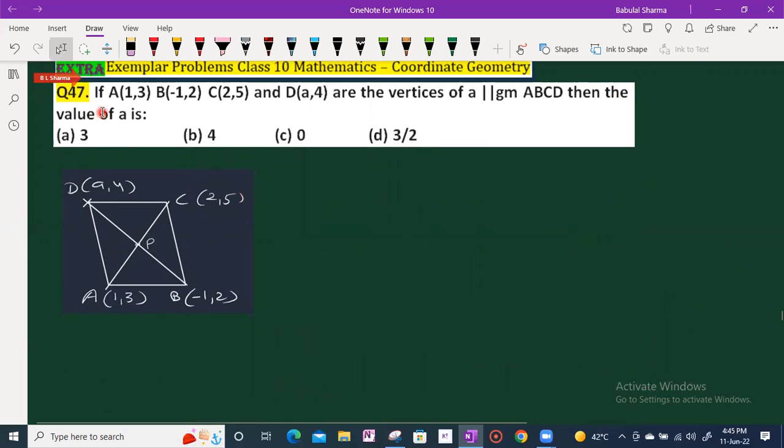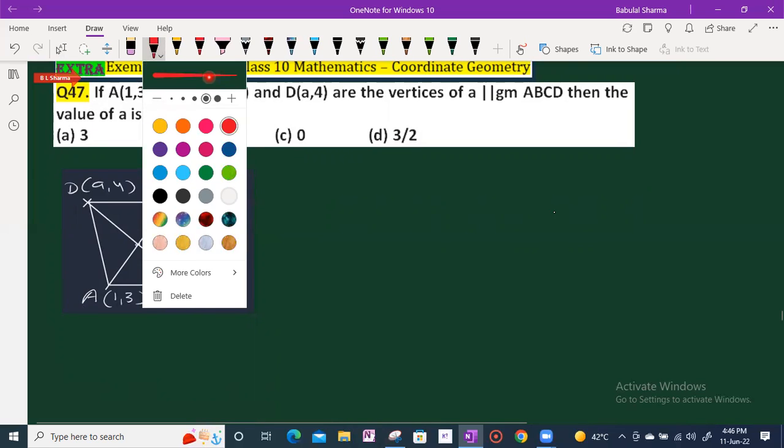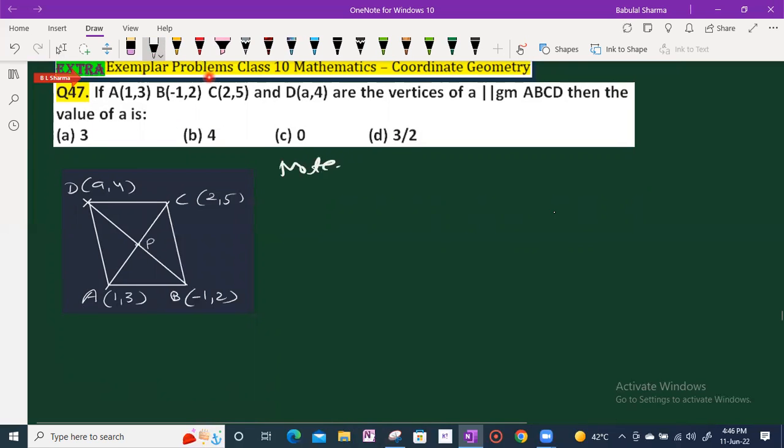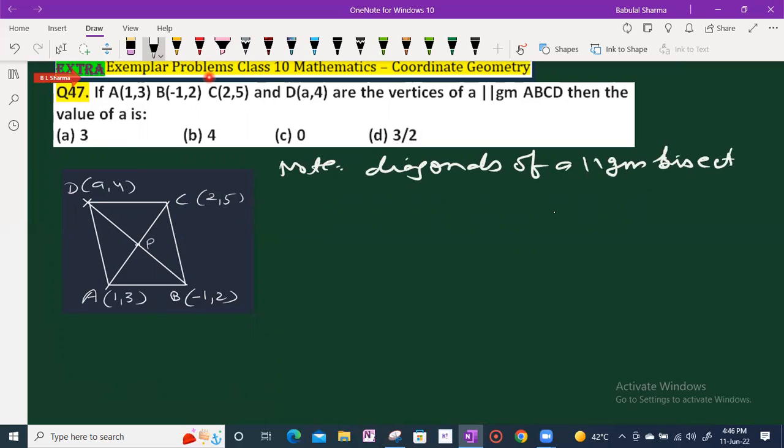Next question: if A, B, C, and D are the vertices of a parallelogram ABCD, then the value of a is... We know that the diagonals of a parallelogram bisect each other.